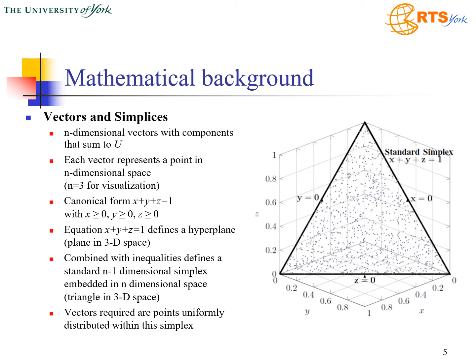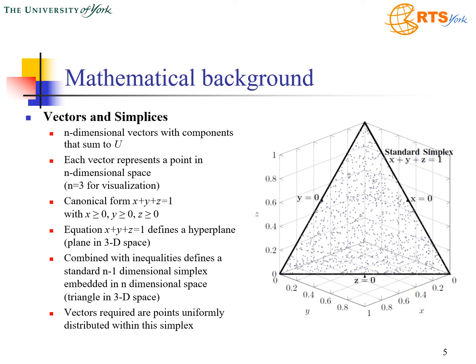As these are utilization values, we also have the constraints that x, y, and z are greater than or equal to 0. Now the equation x plus y plus z equals 1 defines a hyperplane in general, but here just a plane in 3D space.